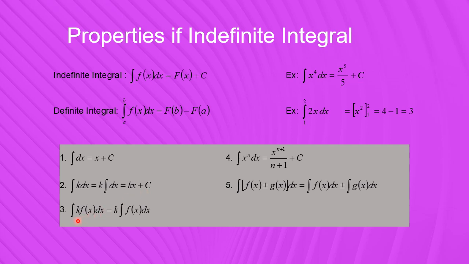If we integrate k f(x), k is a constant, we can move k outside of the integration and we will integrate the function f(x). If we have the integration of x to the power of n dx, we will get x raised to the power of n plus 1 divided by n plus 1, plus c.